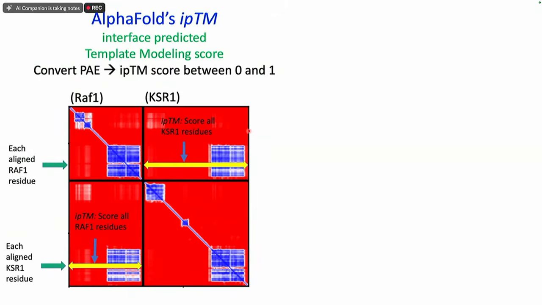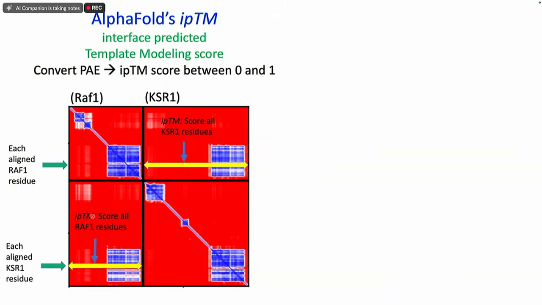PAE could be 30 angstroms. 1.0 would be, it's really certain where the aligned error is, a number near 1. And so what the ipTM does is say, okay, over all the residues of KSR1, I'm going to evaluate how good are the PAEs. Same thing here. If I go downwards and look at KSR1, I'm going to look at all of the amino acids in RAF1. And I'm going to calculate a number between 0 and 1.